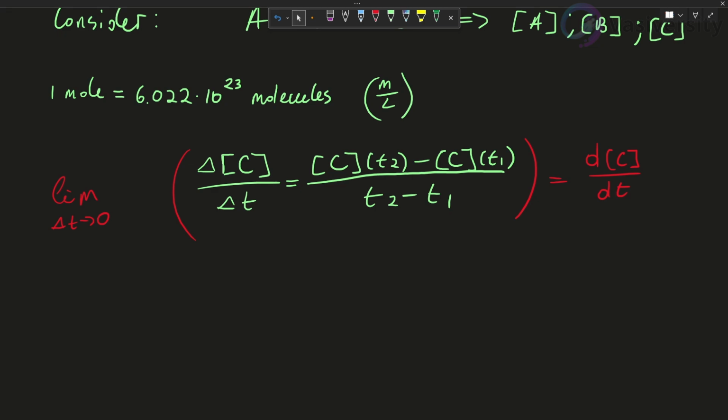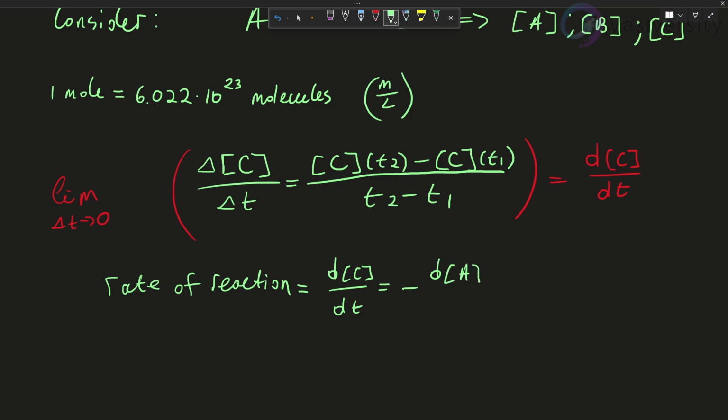So an interesting thing we can develop from this: the rate of reaction in chemistry is assumed to be exactly the same across all of them. So d of the concentration of the product over dt, which is positive, is the same thing as the negative derivative of reactant A, and the same as the negative derivative of the B reactant.